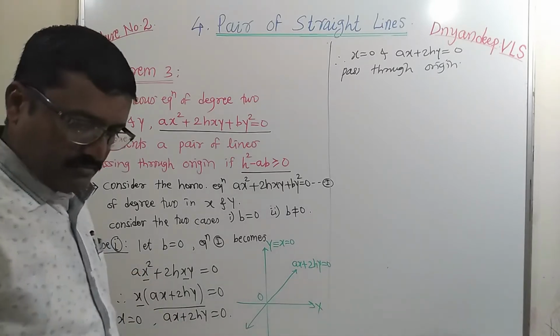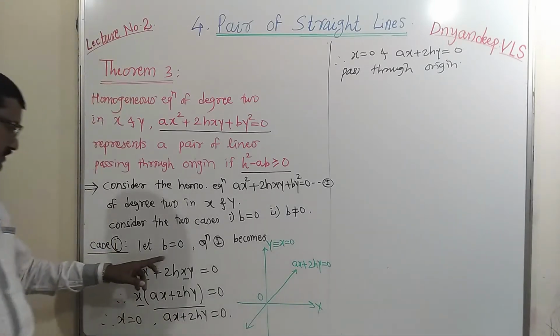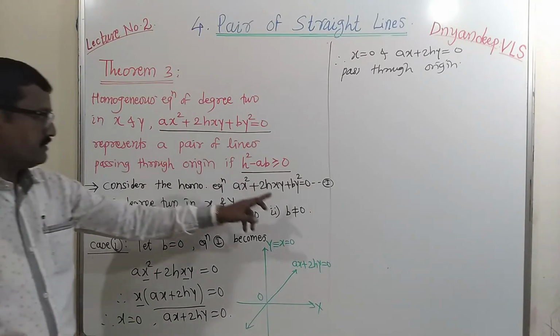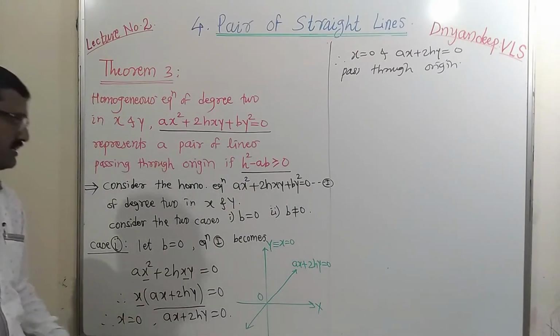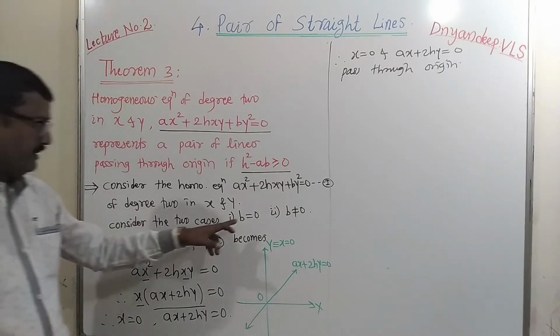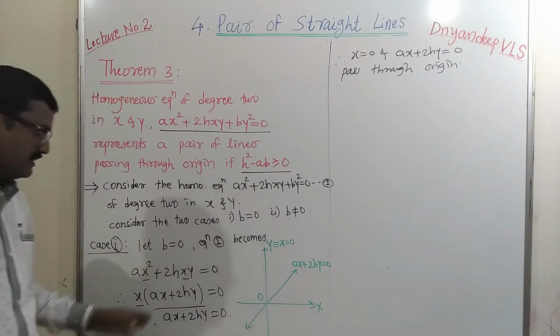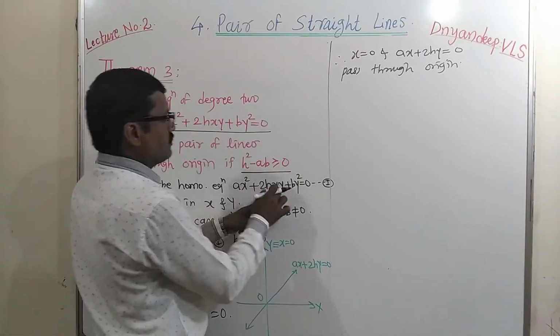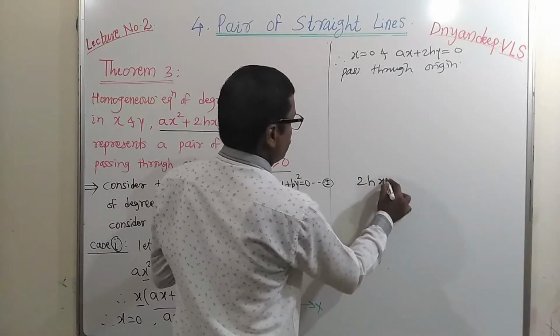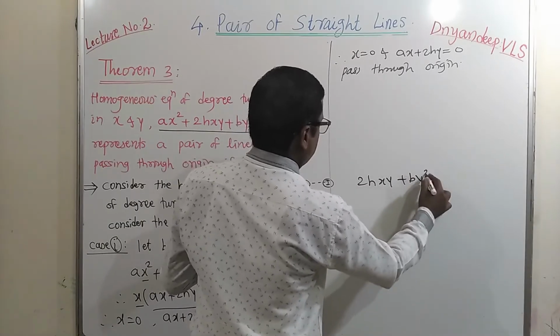Now, what is the conclusion of case 1? Whenever b equal to 0, this remains, and from that you can take common x. If you consider a equal to 0, then you will get a similar result. Whenever a equal to 0, we get 2hxy plus by square equal to 0.